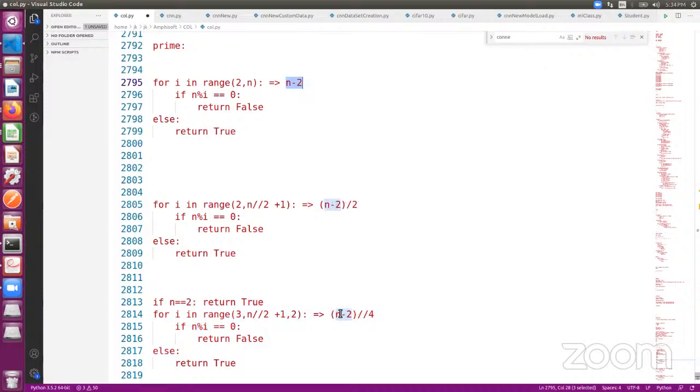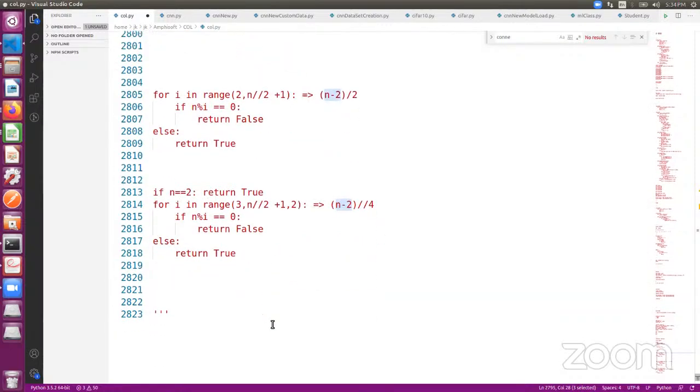If you have the square roots stored in a particular location and you're able to use them in constant time, then you can go further by changing this to square root of n. It will become square root of n divided by 2. That will be the complexity.